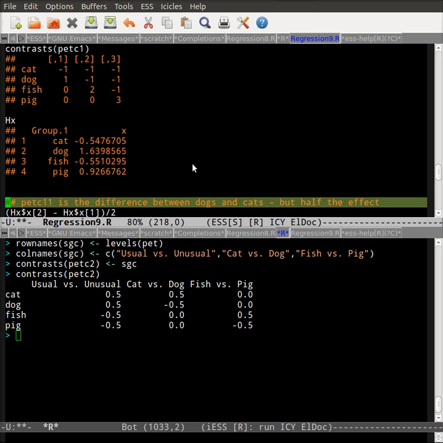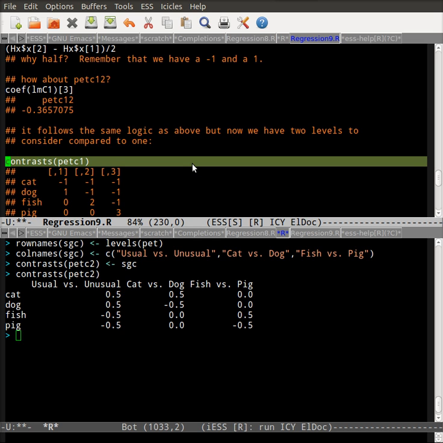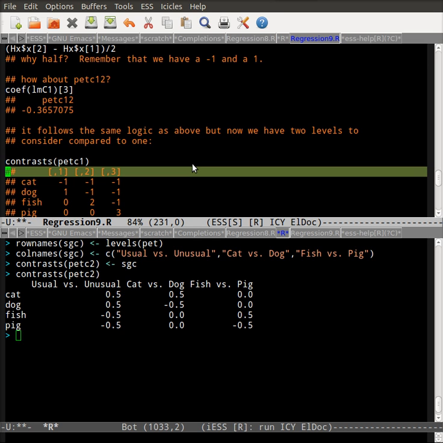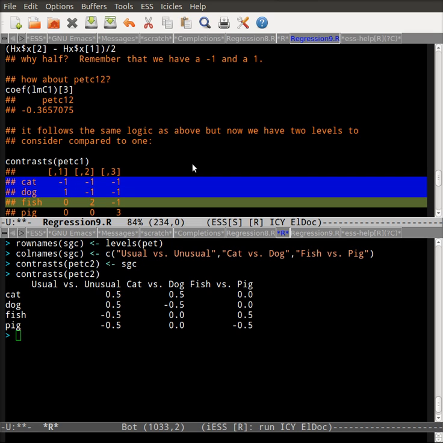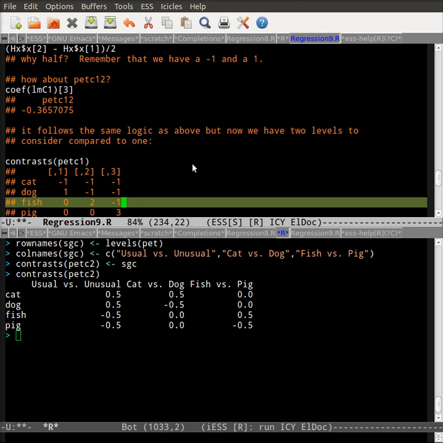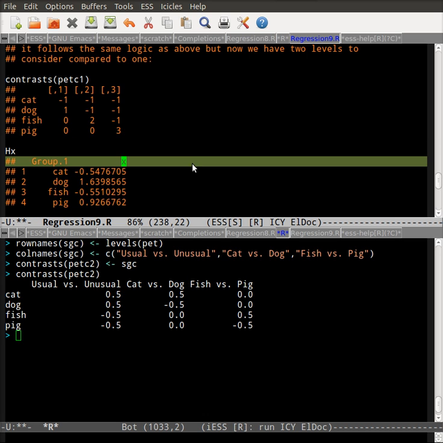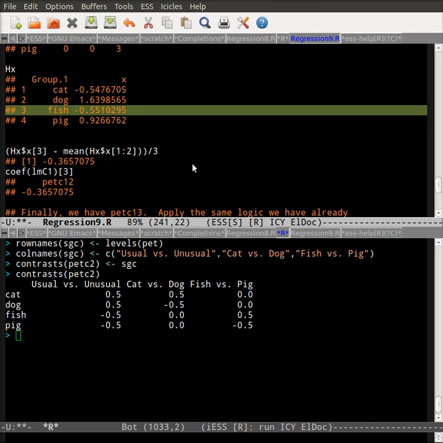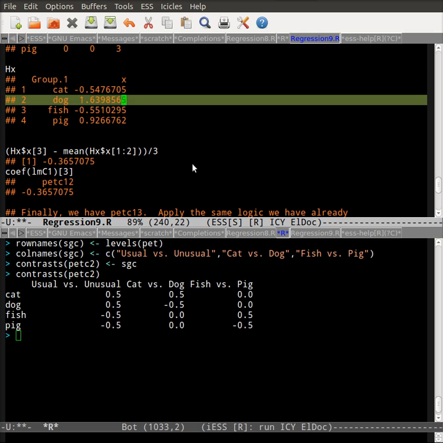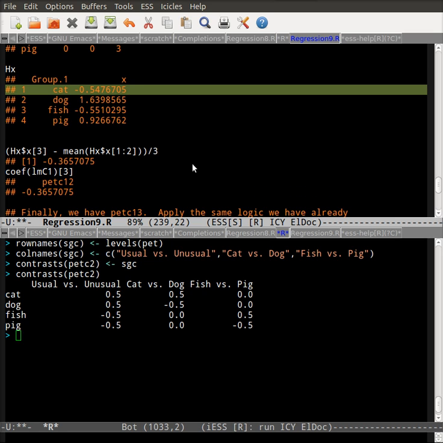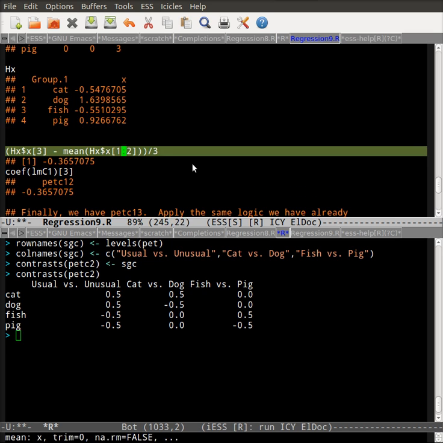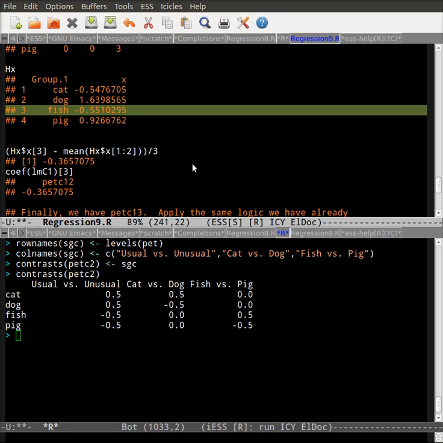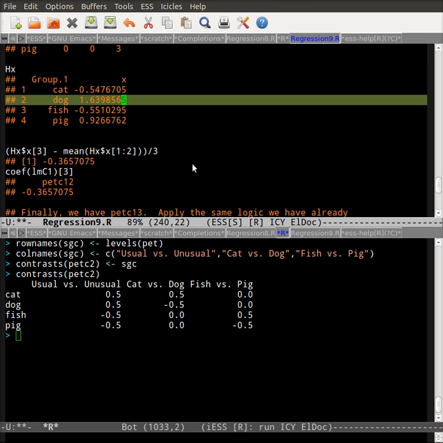Okay, so how do I find that? It follows the same logic. If you notice, that's dog and cat pooled together and comparing fish. So if I take a look at my table of means, I want fish minus the mean effect of those two other animals pooled together. So it's my third row minus the mean of these two.